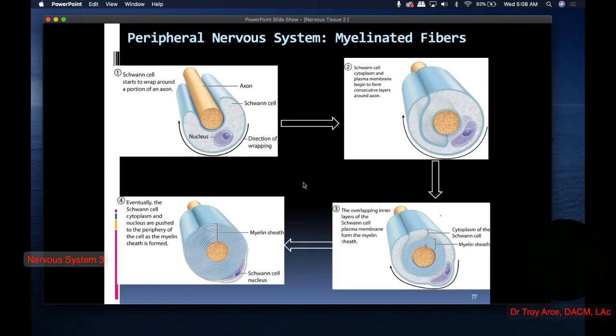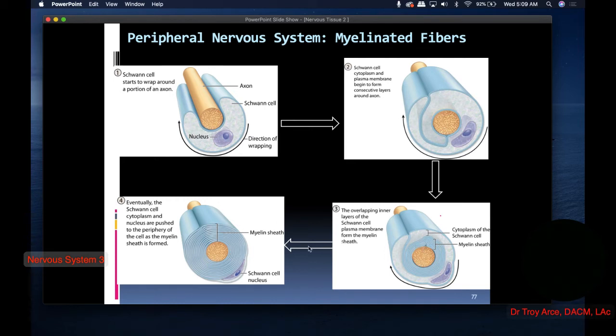So here's a picture of what it looks like and how the Schwann cell starts to wrap around a portion of an axon, and the nucleus can be found within that sheath, as you can see, right in through here. And the Schwann cell cytoplasm and plasma membrane begin to form consecutive layers around the axon, and eventually there's an overlapping of layers, and you have what looks like a complete wrap.